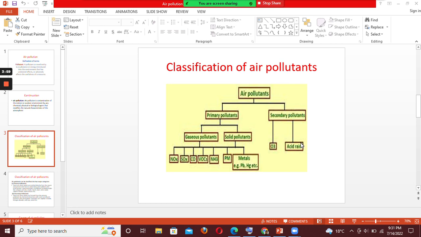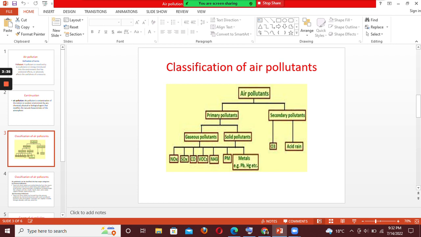Acid rain is formed as a result of the reaction of sulfur dioxide, nitrogen dioxide or carbon dioxide with the water vapor in the atmosphere. As we all know, when nitrogen dioxide reacts with water vapor, or water droplets in the atmosphere, it will give us nitric acid.